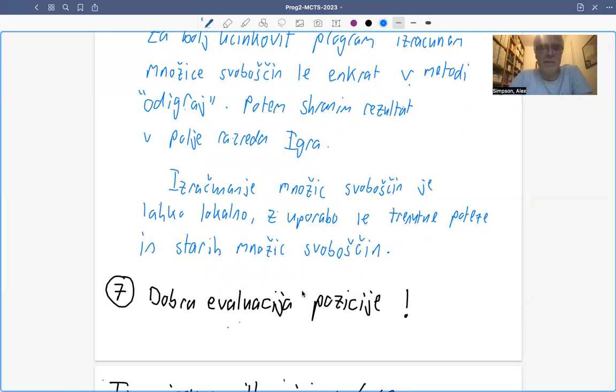So you want an efficient position evaluation because you're going to have to apply it many, many times to thousands if not millions of positions. But at the same time, it wants to be a good evaluation. It's worth spending time thinking about what a good position evaluation would be.